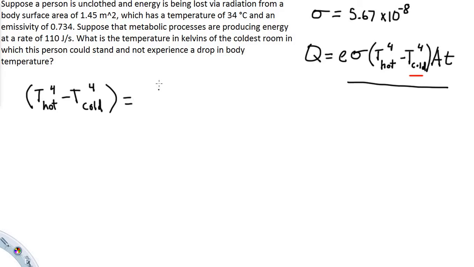So that will equal Q divided by the emissivity, the Boltzmann constant, the area, and the time. And since this person is just walking into this cold room, it is going to be instantaneous, so we're going to say this is at time 1, so we're going to get rid of this time variable here.